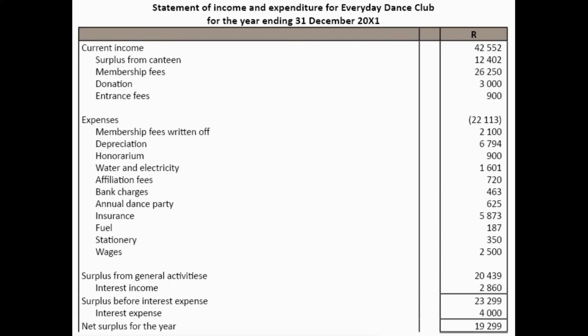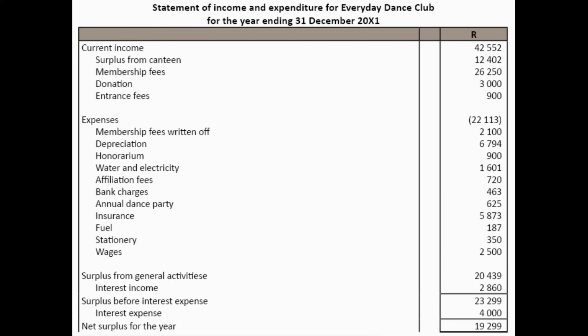You bought stationery for 350 because there's no stationery in the pre-adjustment or in this trial balance. Let me just make sure you got that from your cash book. Okay. And then the wages 2,500 is also from your cash book.